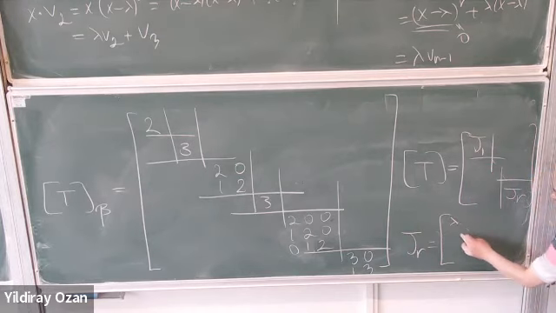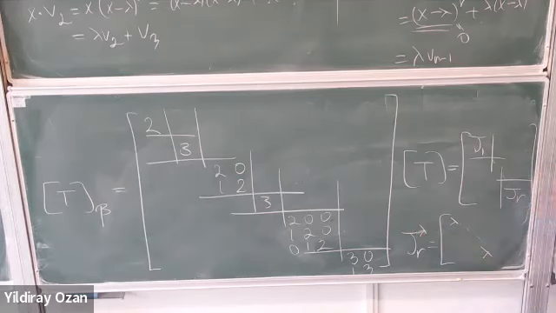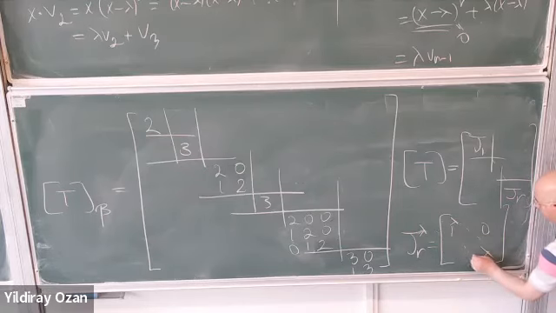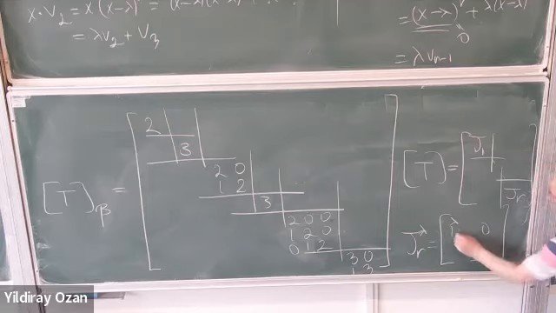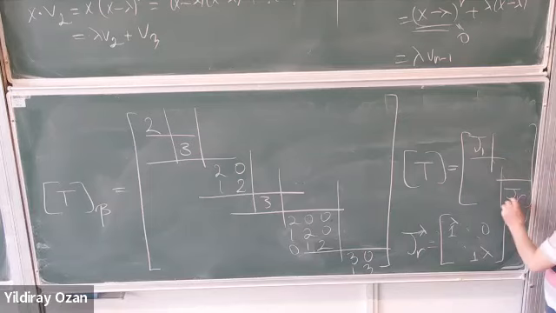On the diagonal, suppose this Jordan block corresponds to some eigenvalue lambda. We have lambda on the diagonal. Above the diagonal is 0, and below the diagonal I have ones. So this is the Jordan block, and T has a matrix representation like this, where each of these is a Jordan block of appropriate sizes.